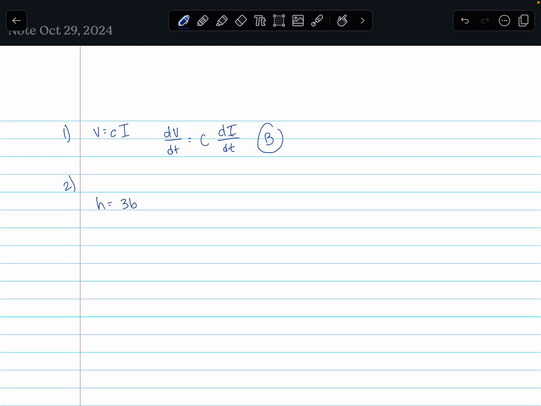If A represents the area of the triangle, and we know that area of a triangle is going to be equal to half the base times the height, right? So half of the base times the height. Which of the following gives the rate of change of A with respect to time?